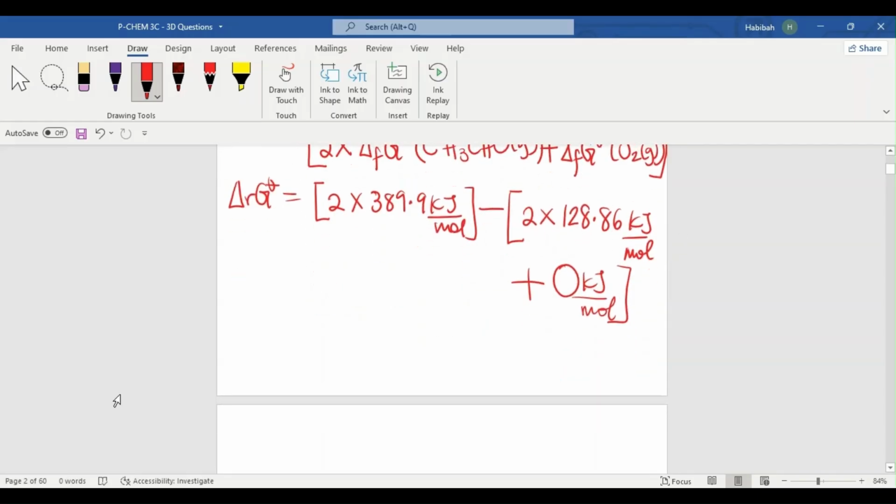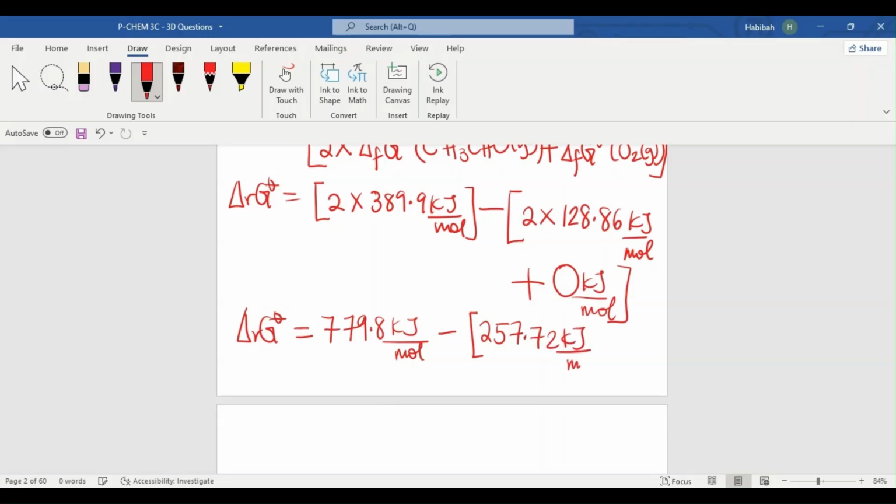Now we have this. So the Gibbs energy of reaction is now going to be 2 times 389.9 kilojoule per mole, which is just simply 779.8 kilojoule per mole, minus 2 times 128.86, which is just simply 257.72 kilojoule per mole.